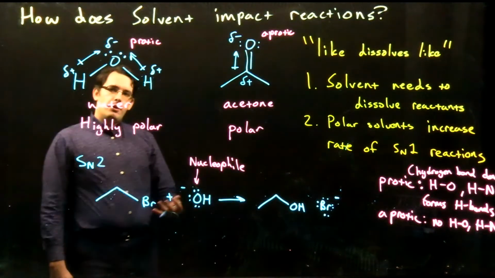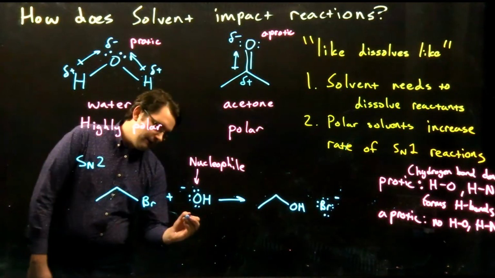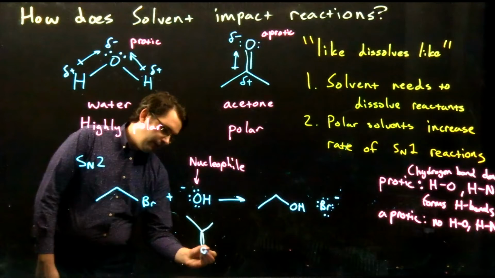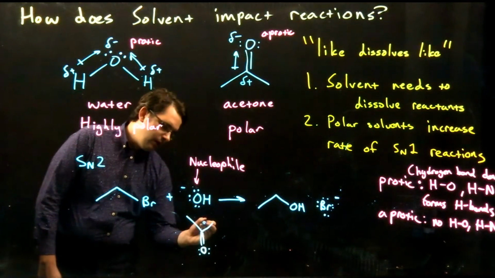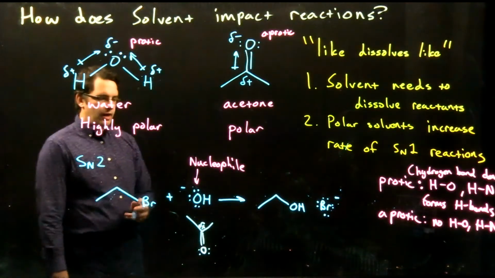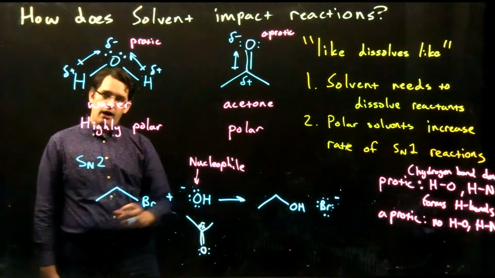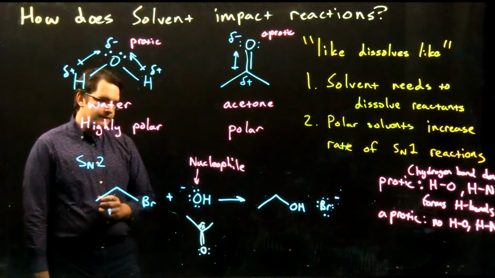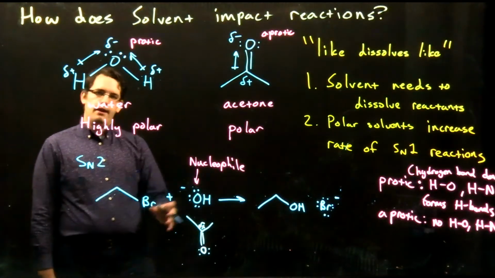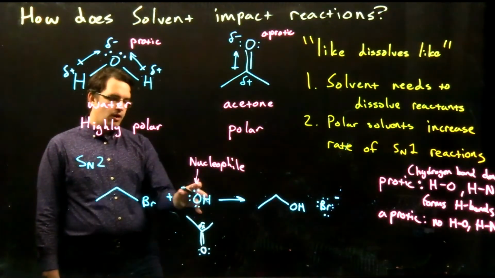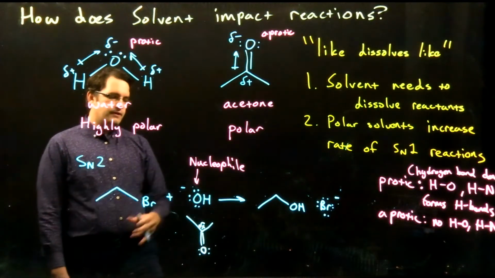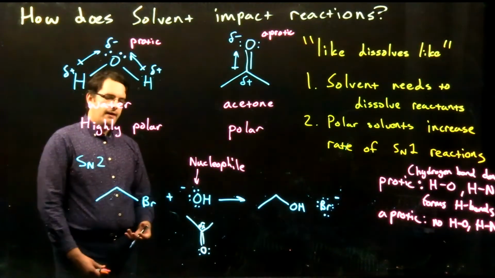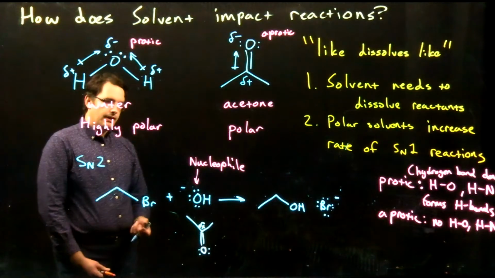If we use an aprotic solvent instead, like acetone, that acetone still has a partial positive charge that can be used to dissolve our nucleophile, but it's not going to be forming those hydrogen bonds to our nucleophile and creating the same strong interaction and surrounding of our nucleophile that the protic solvent does.